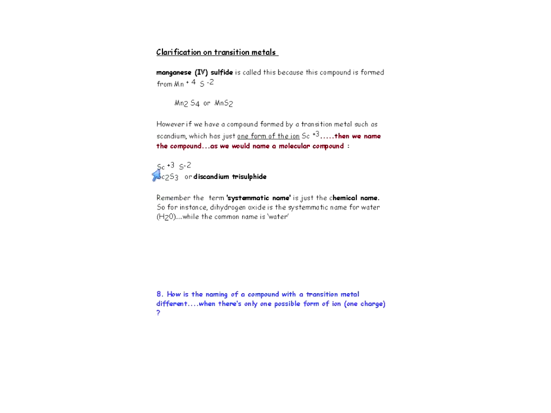So again, this one here, because there's only 1 possible ion, plus 3, we don't call it something like manganese 4 sulfide. We name it as if it's a molecular compound. Okay? So that's important to know for the test. And okay, so this is how is the naming of a compound with a transition metal different when there's only 1 possible form of the ion? We just talked about that.